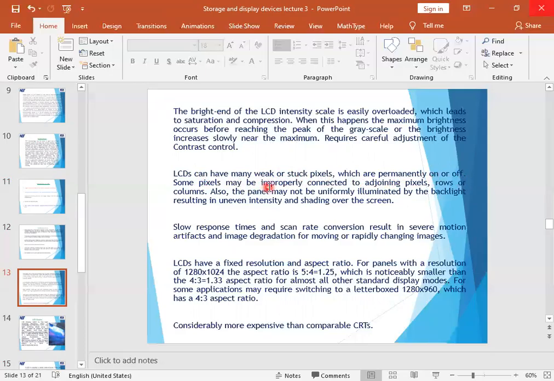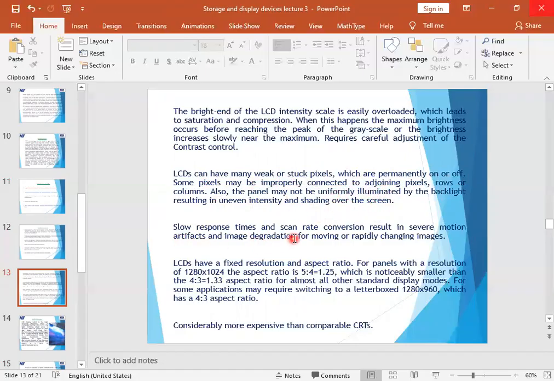Some pixels may be improperly connected to adjoining pixels, rows or columns, as the panel may not be uniformly illuminated by the backlight, resulting in uneven intensity, and because of that, shading will be seen on the screen. So this is a very bad thing about the LCDs.